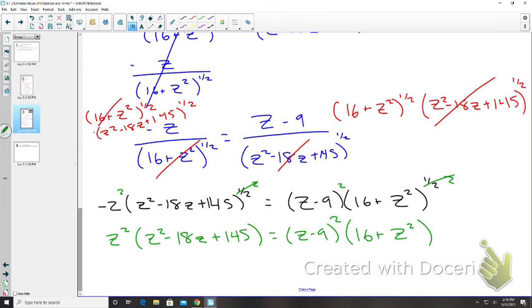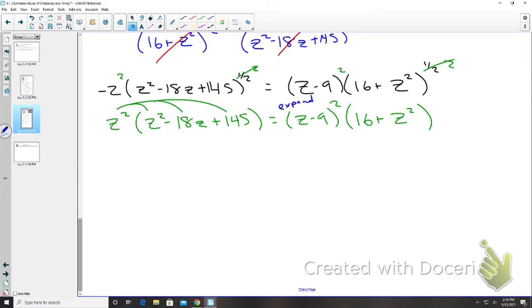Okay, let's go ahead and distribute this in, and we're also going to expand this. On the left side, we will have z to the 4 minus 18z to the 3 plus 145z squared, is equal to z minus 9 expanded, which becomes z squared minus 18z plus 81.